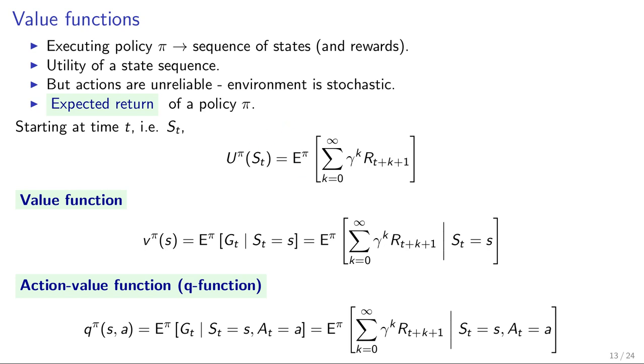From that state is the expected value, expected return given the policy. And this means that you're just executing the steps. The more steps you execute, the more discounted they will be. And this is the return basically, the reward in those particular states that you're receiving as you go.